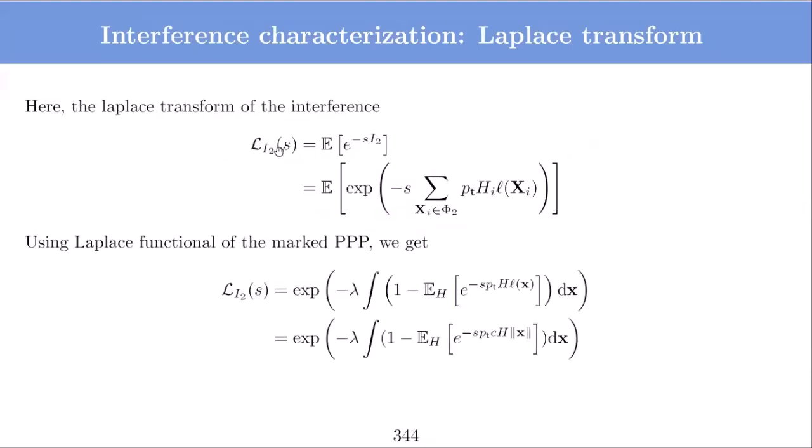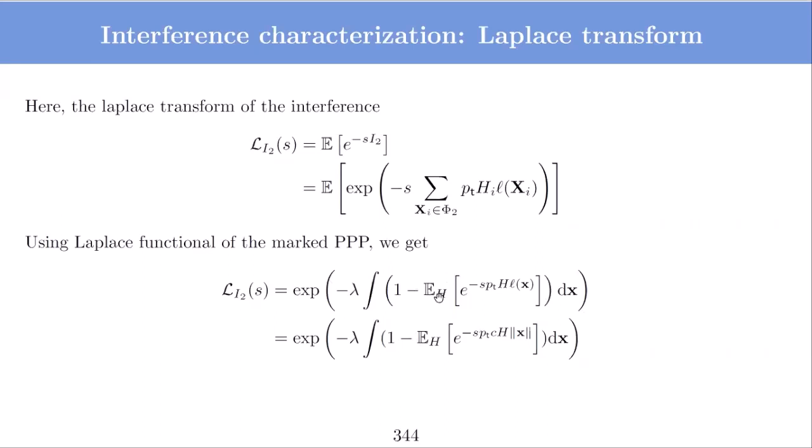So let us see how I compute the Laplace transform of I2. The Laplace transform of I2 is defined as the expectation of e to the power minus s I2, and I2 is written as this. Again, this is in the form of the Laplace functional of a function s pt h_i l(x_i). I use the Laplace functional of the marked PPP. So I get exponential minus lambda integration of 1 minus dx, and then there is the expectation with respect to the mark here, h.